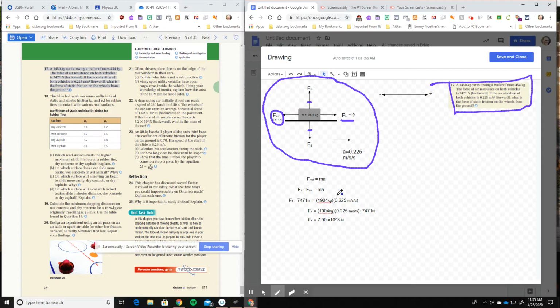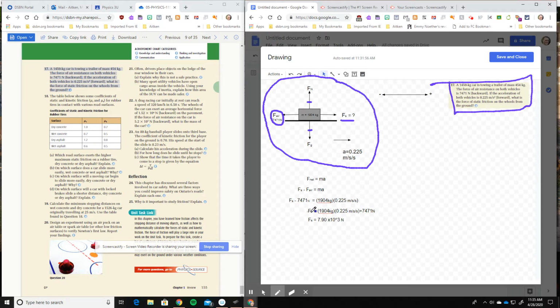Now I'm going to put in the values given in the problem. The air resistance is 7,471 newtons. The combined mass of two vehicles is 1,904 kilograms. And the acceleration is 0.225 meters per second squared.